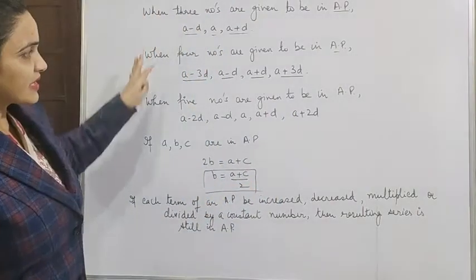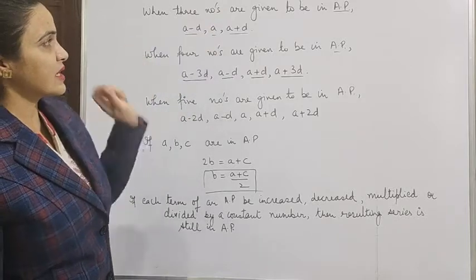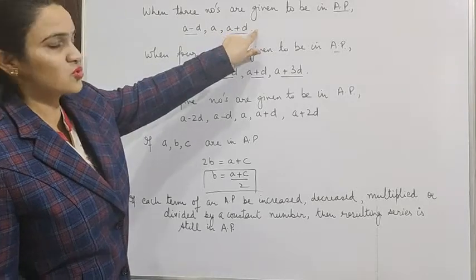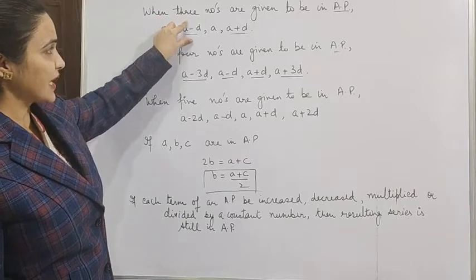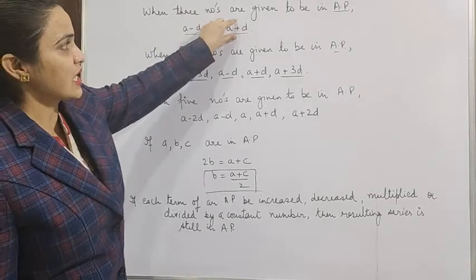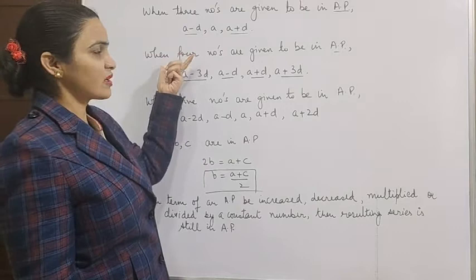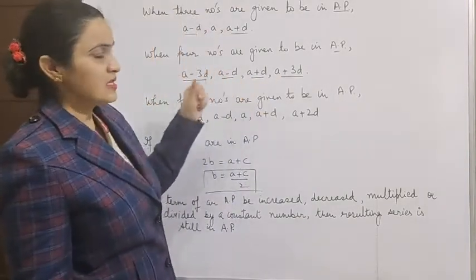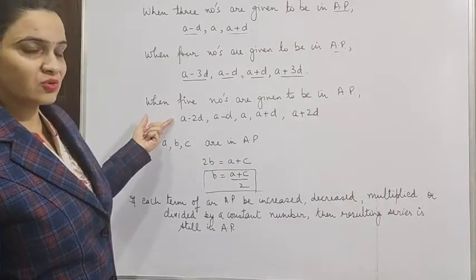Students, why do we choose the numbers this way? To simplify our question. When three numbers are in AP you can take the numbers as A, A plus D, A plus 2D. We can take them like that also, but we will always try to take the numbers as A minus D, A, A plus D to simplify our problem. Similarly, if four numbers are in AP, we will take these four numbers for simplification of the problem. Also the same reason for five numbers in an AP.